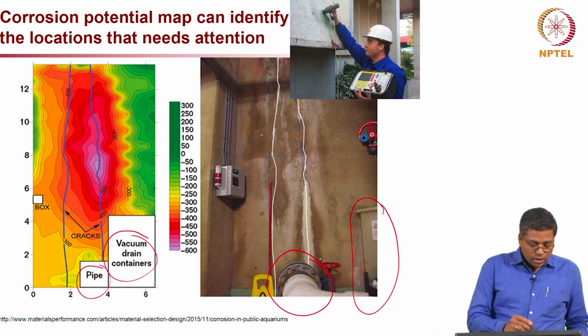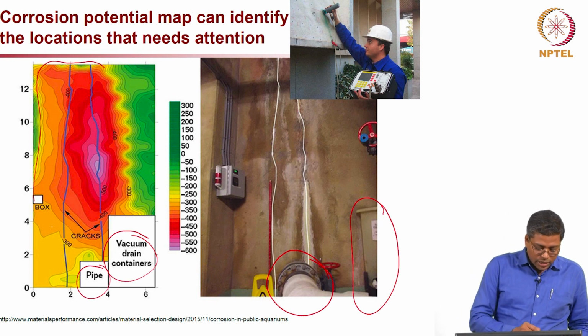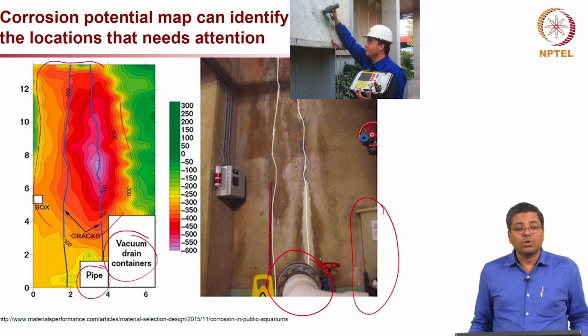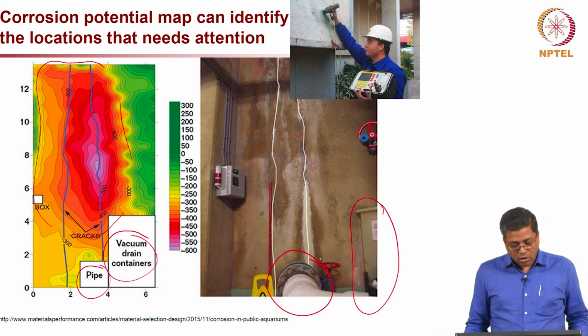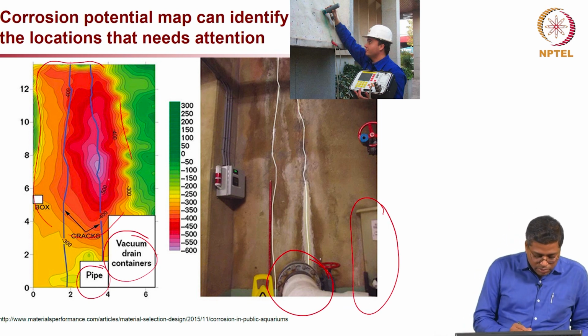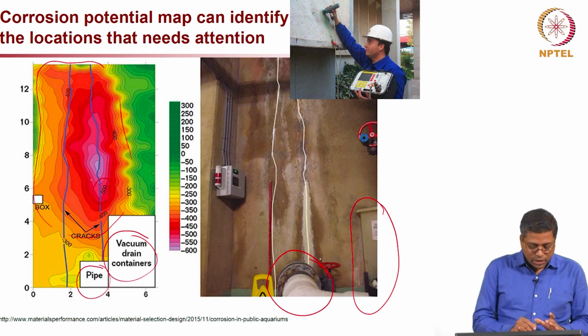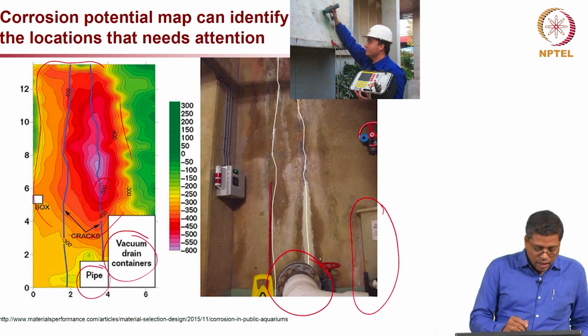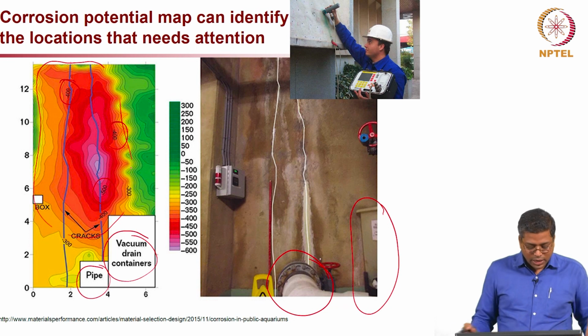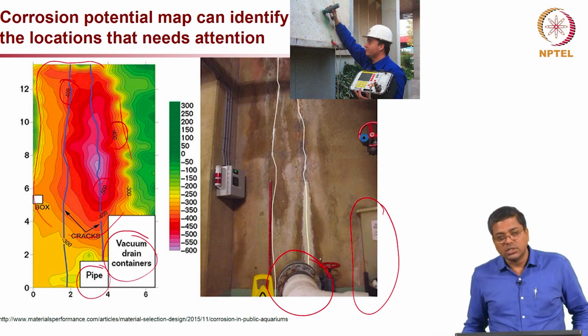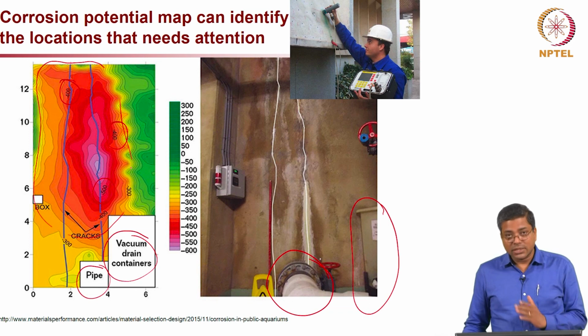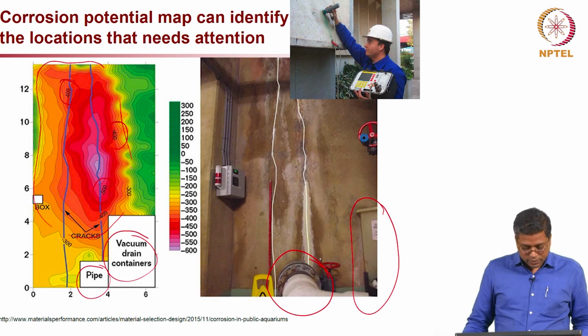As you see on the contour map on the left side, the red region indicates a high probability of corrosion, or more negative. If you look at the numbers closely, this is minus 500 towards that pinkish region, and then you have minus 400 here and minus 400 here, and then as you go towards the green, it is more positive, or in other words less probability of corrosion.